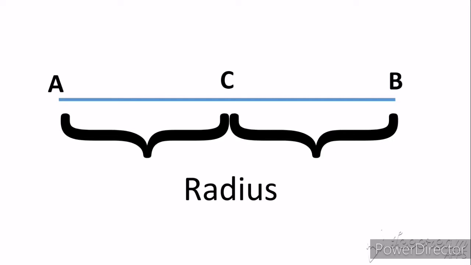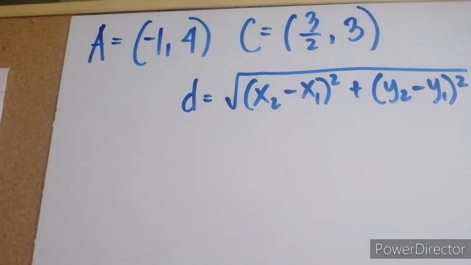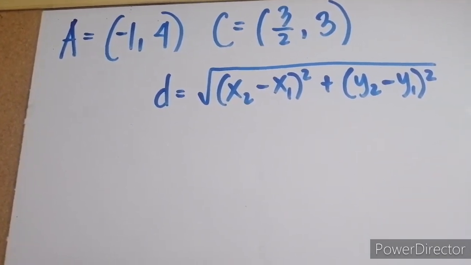It's either line AC or line CB. We will still have the same radius. For me, I will get the distance of the line AC to find our radius.